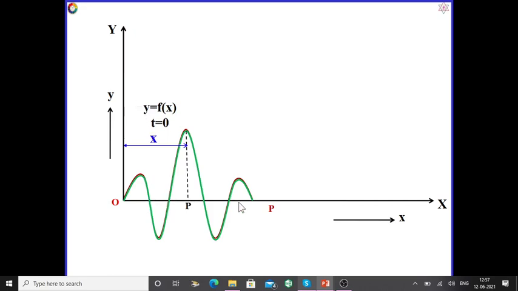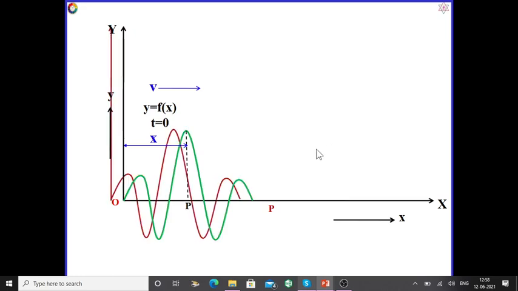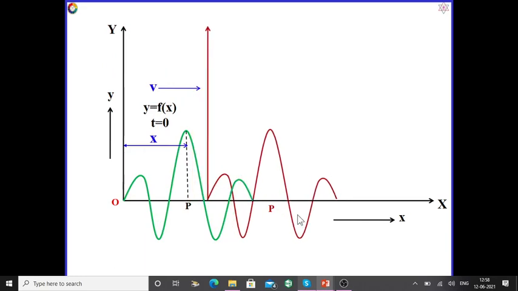Okay, now we are going to consider the pulse is moving towards the right with velocity v. Okay, suppose at time t, after time t, you are measuring what the scenario will be.